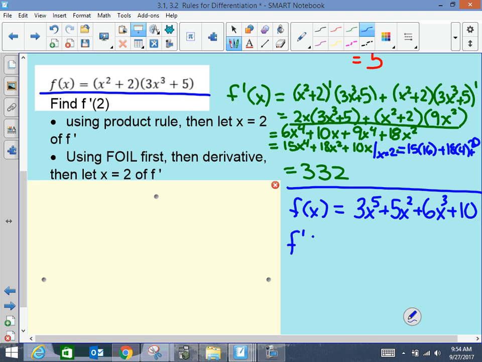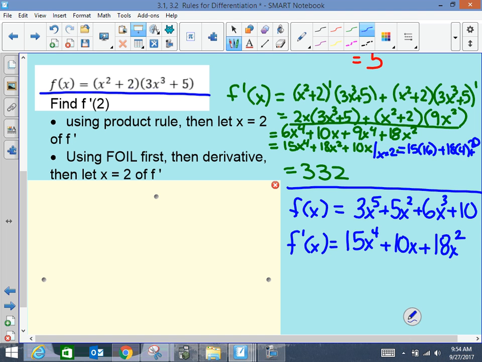Because now we're ready for f prime. Connie, do the honors. I don't know. Go for it. So 15x to the 4th plus 10x plus 18x squared. Okay, and that's as quick as you should be able to do that, everybody.